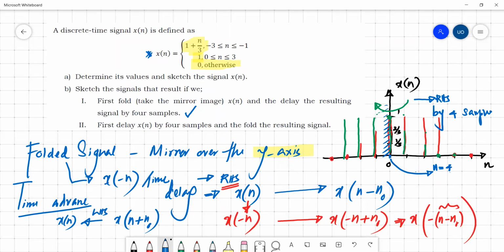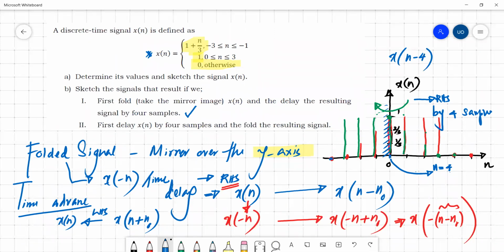So then the second is actually first delay xn. So first delay xn means now we have this xn which is indicated in red lines. So delay xn by the same amount, it means you can simply shift this discrete sequence indicated in these red stems by 4 units to the right hand side. Then you have a version like x(n minus 4).